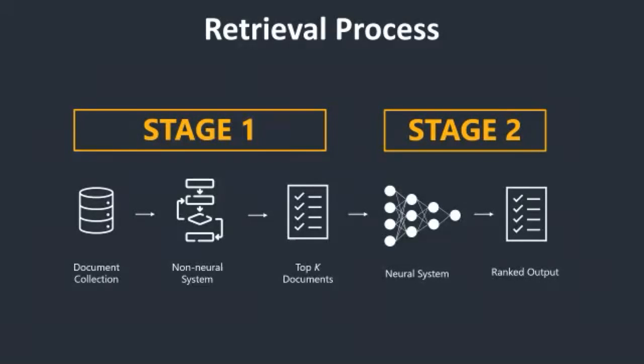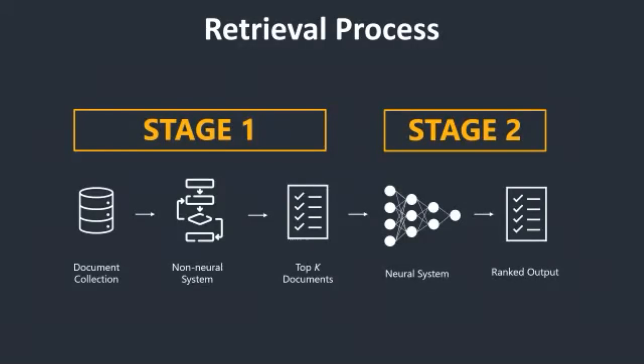Quick disclaimer though, I do not actually know how these search engines work, since it is proprietary knowledge. However, the research community have made some assumptions about their functionality. Specifically, they broke down the retrieval process into two distinct stages.